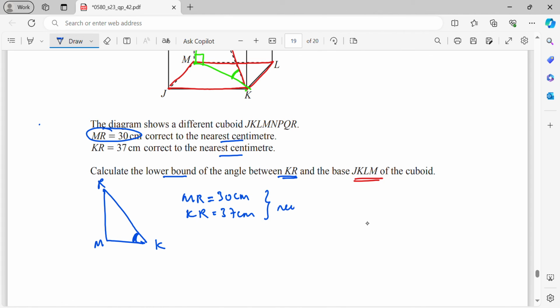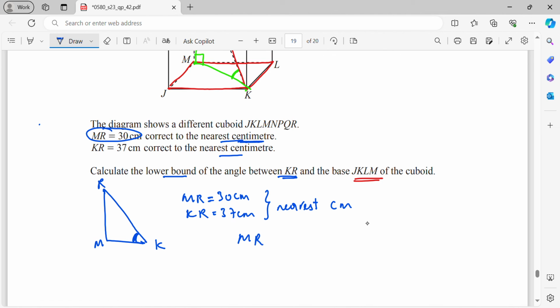So for my lower bound, alright, so MR, because nearest centimeters means that the actual value, the lower bound will be in 1 decimal place, then you have to minus 0.5. Alright, so I shouldn't write MR like that. I will just write in a nicer way.